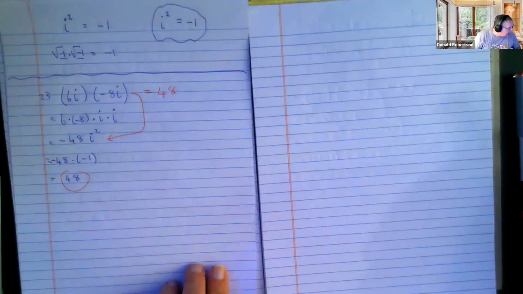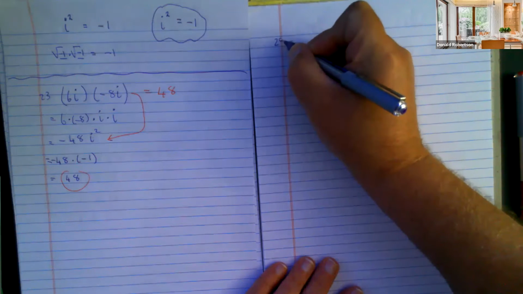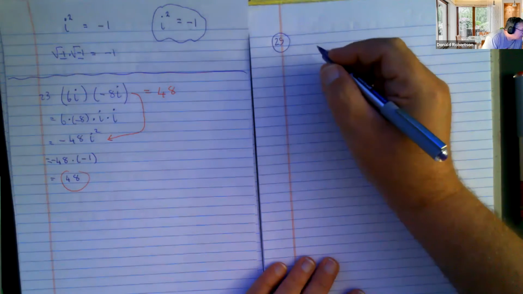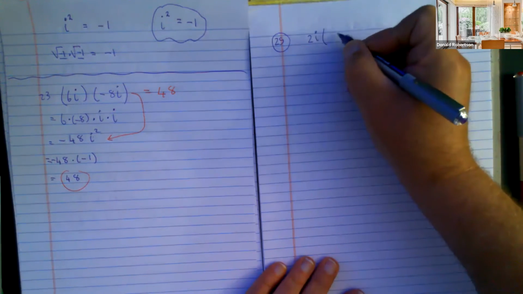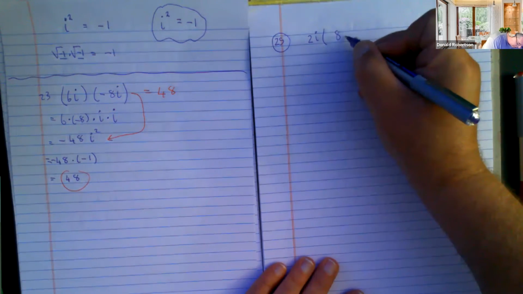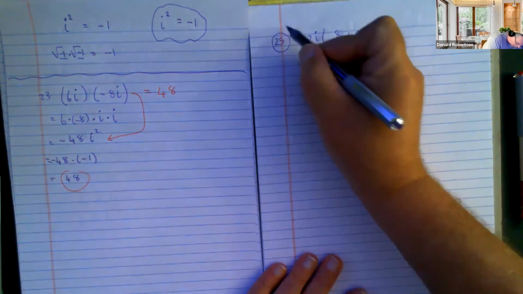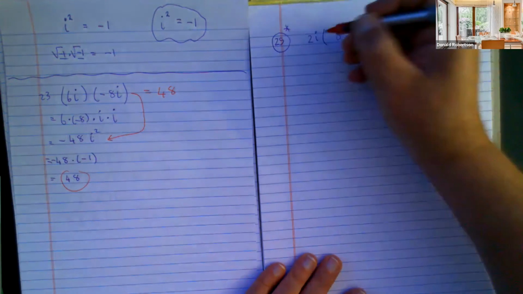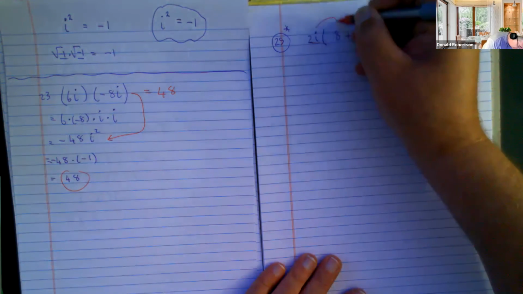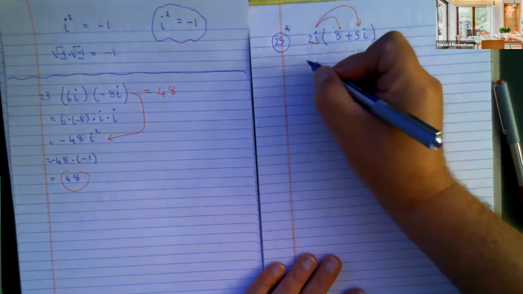Well, how about multiplication with a distributive law? An example of that would be question 25. And in question 25, you have 2i times 8 plus 5i, or at least a version of this. Now you're going to do distributive law. That means this guy times 8 and then this guy times 5i. So let's write that down.